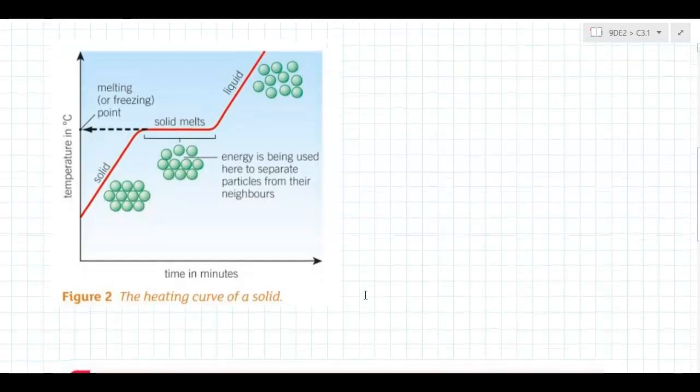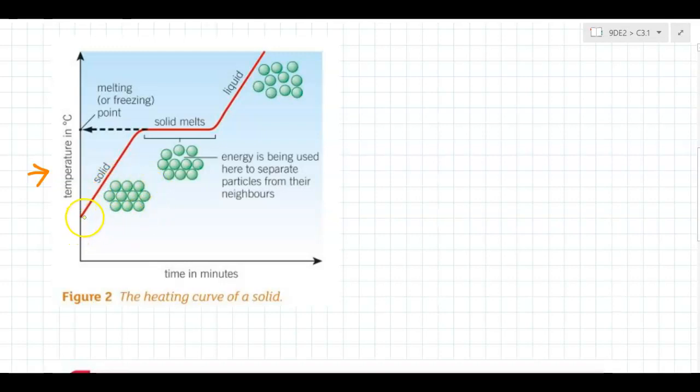Now if we think about temperature changes during these changes of state, this is my diagram here to show what would happen to the temperature. Look, as I heat up a solid, I've started here with my solid with its regular arrangement of particles.